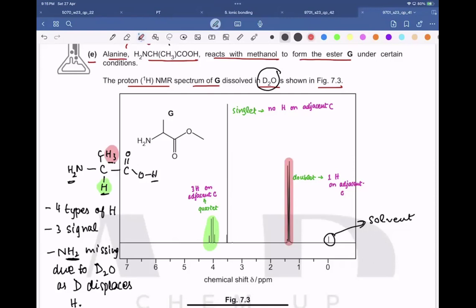So this doublet is the signal of these three hydrogens, because on their neighboring carbon there is one hydrogen. The splitting pattern tells us how many hydrogens are on the neighboring carbon.